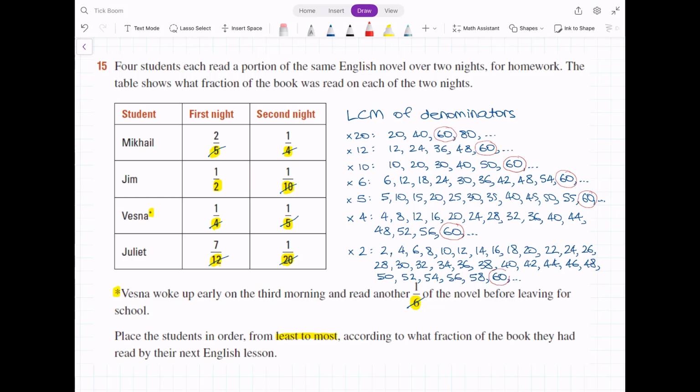So again, we can see quite clearly that all of these numbers have in common the multiple of 60, and that is the lowest common multiple across all of them. Some of these other numbers may have other multiples that are common.